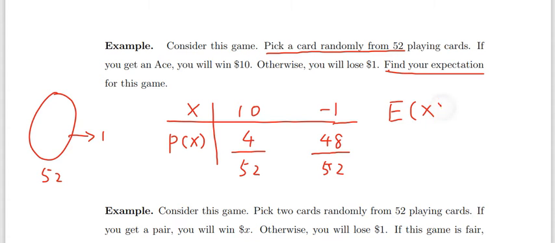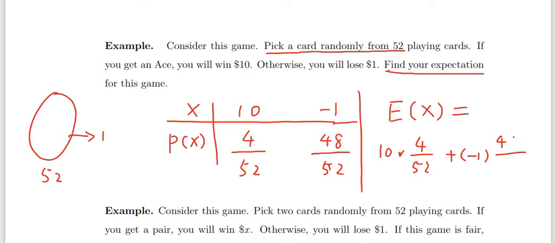Okay, so once we have this table or this distribution, we can find the expectation. According to the definition, the expectation equals 10 times 4 over 52, plus negative 1 times 48 over 52.